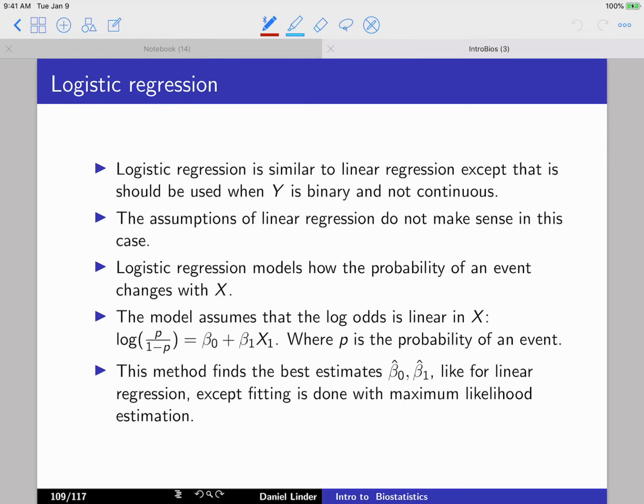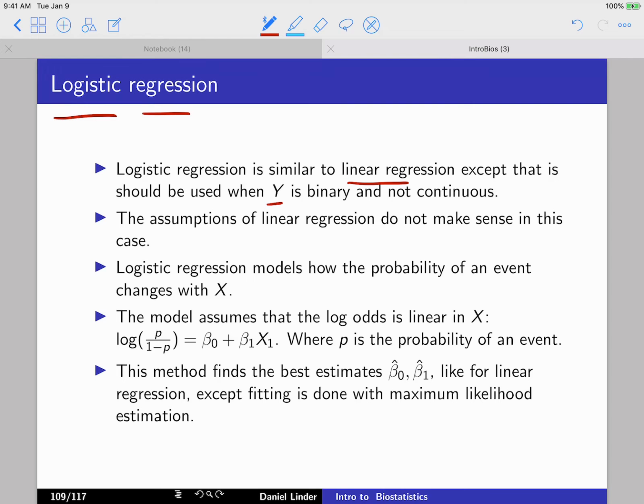Okay, so we've talked about continuous x and continuous y. Well, how do we handle continuous x but discrete y? That's going to lead us to this topic of logistic regression. It's similar to linear regression, except that you should use logistic regression when y is binary. You should not use linear regression when y is binary, because you'll get predicted values that are outside the range of possibility for your y.